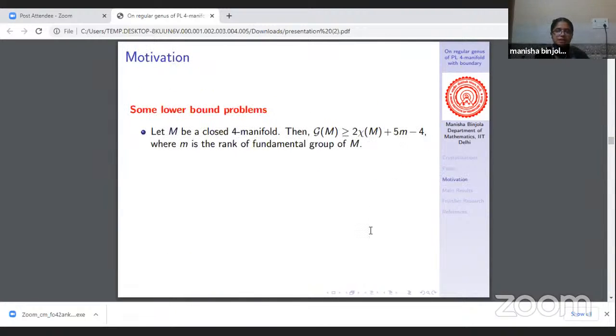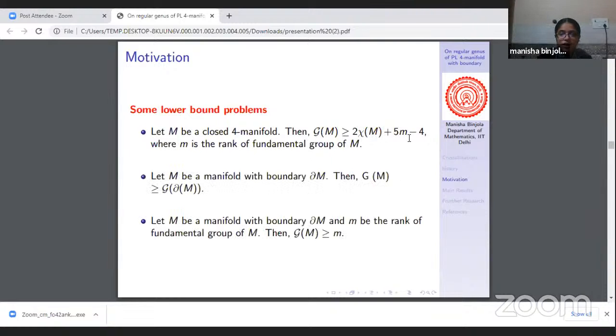Now, the motivation is, if we have a closed 4-manifold, then we have a lower bound for the regular genus. If we have a manifold with boundary, then we have this inequality: the regular genus is always at least the regular genus of its boundary, and always at least the rank of the fundamental group of M. So these lower bound problems have a significant role in combinatorial topology, and actually it gives a new classification problem.